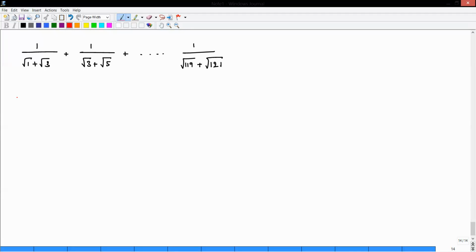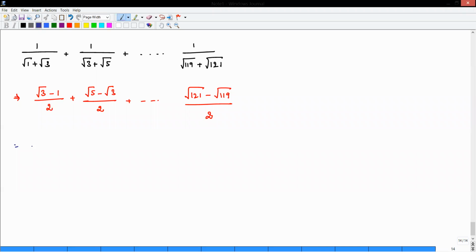Now how do you have it? You write as it is like root 3 minus 1 by 2, and by 2 for the last one. Everything is same, but by 2 will be there.